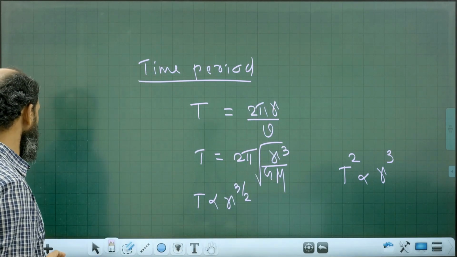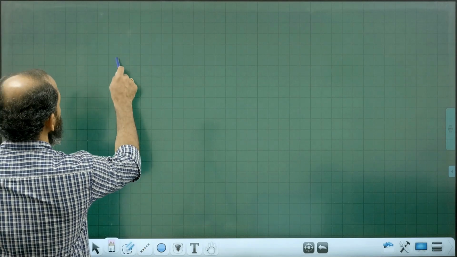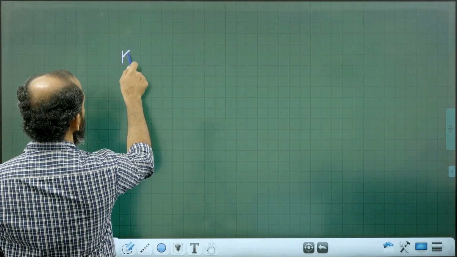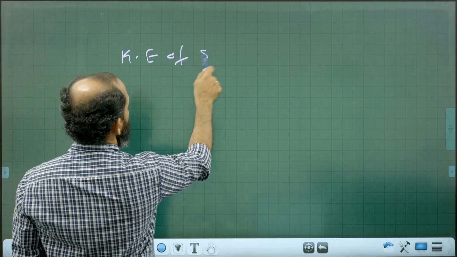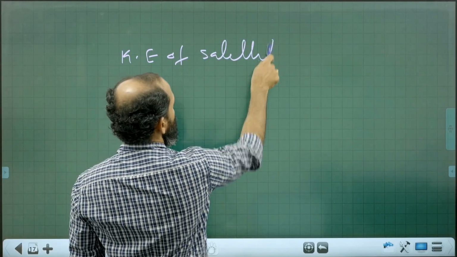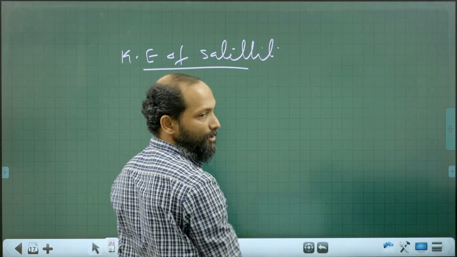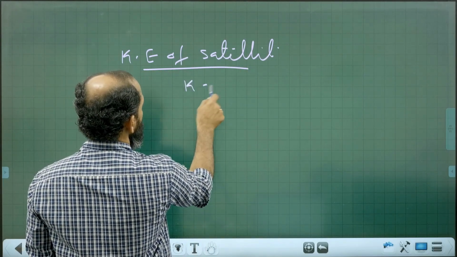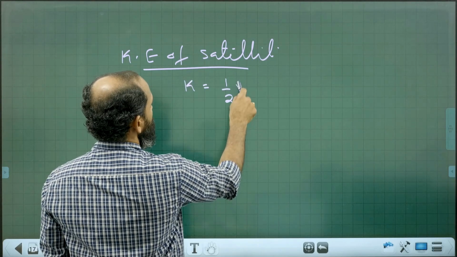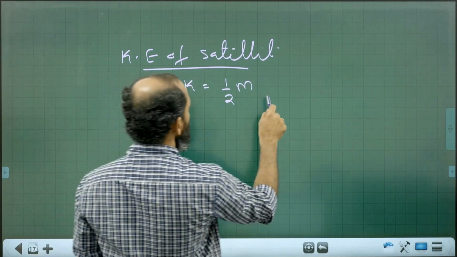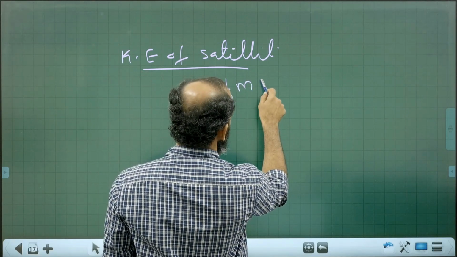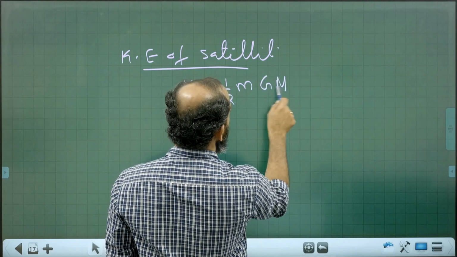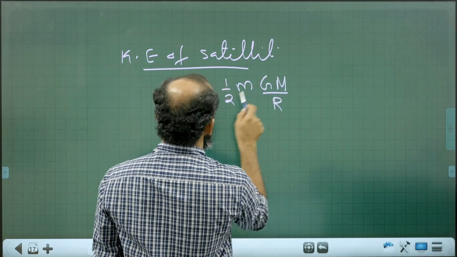So that is the time period. Then energy of a satellite. Kinetic energy of a satellite. That topic is also important for revision. We are doing a quick revision only. Kinetic energy K is equal to half m into orbital velocity square. Orbital velocity square is GM divided by r for a close orbit.